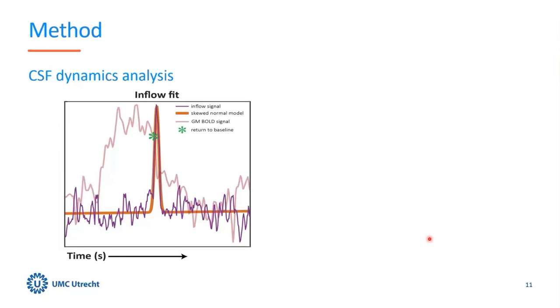Then for the CSF dynamics, in this case, we also looked at CSF inflow following the hypercapnic block, just as we did for the vascular response. So here in the background, you see again the volt signal, and in purple, you see the CSF inflow following the volt signal. What we did was fit a normal distribution function with a certain skewness to this CSF inflow signal.